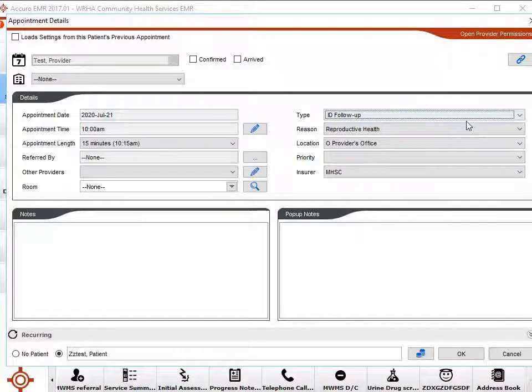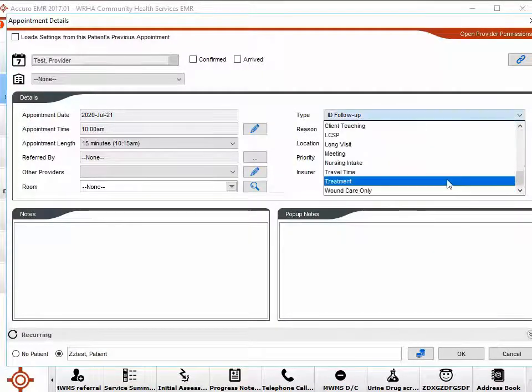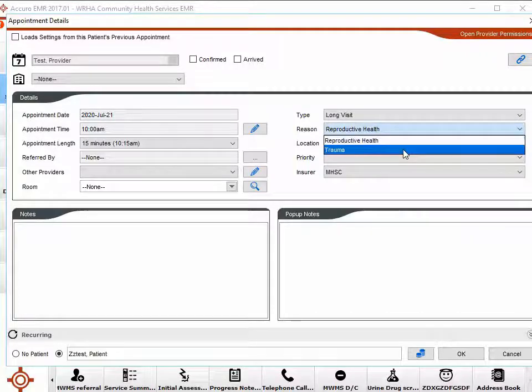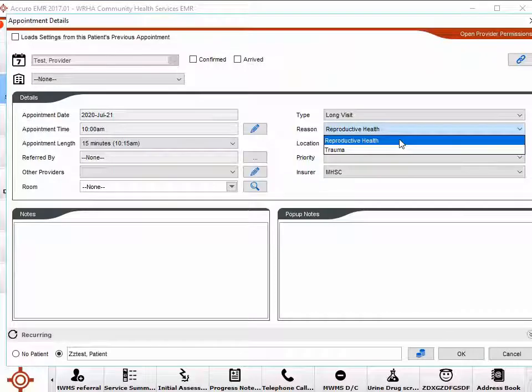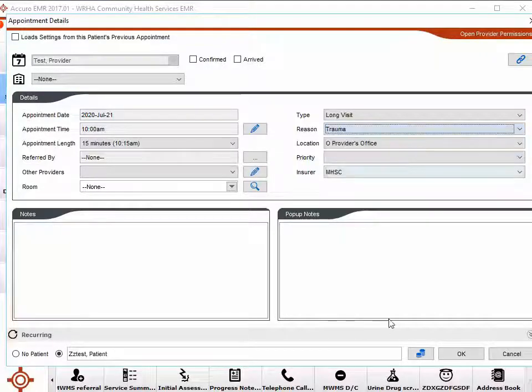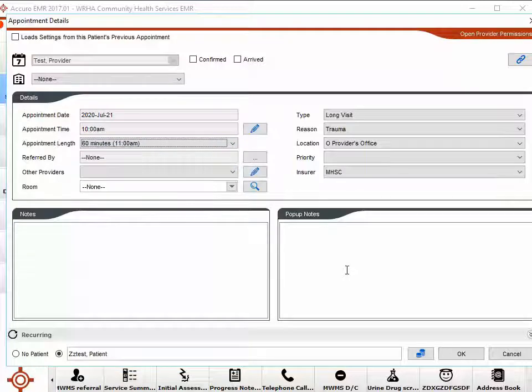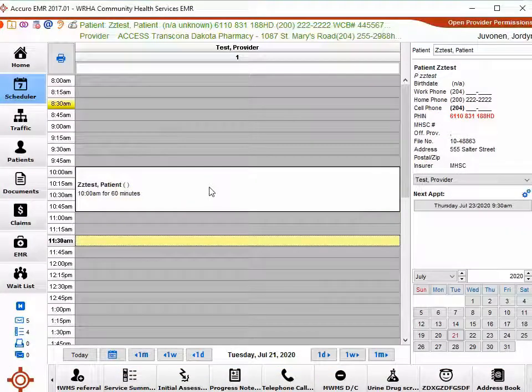Set the appointment type to long visit and set the reason to trauma if a primary care site, or reproductive health for walking connected care clinics. Set the duration of the appointment to 1 hour and select OK to book the visit.